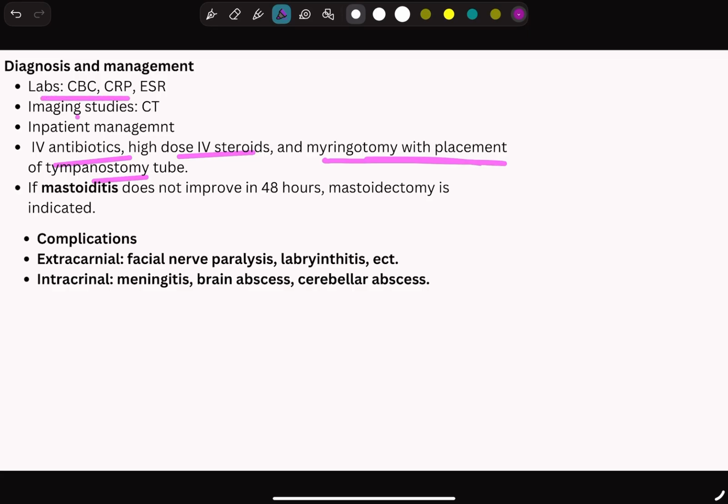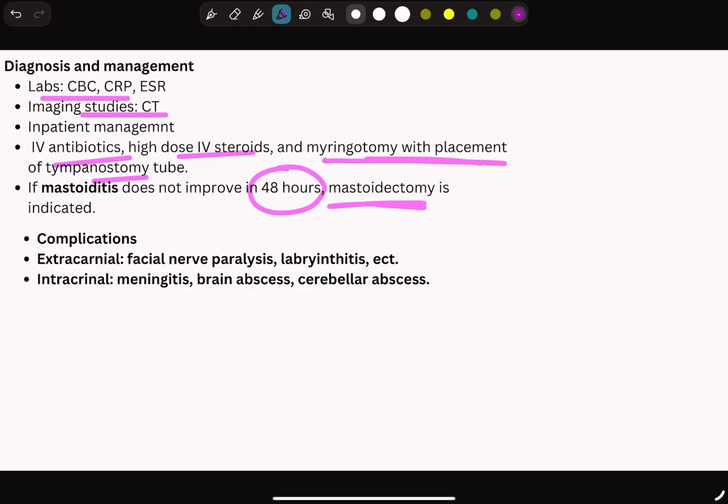And we do labs also, and a CT scan, very important. Then we will monitor within 48 hours with all of the medical management. If there are still symptoms, we actually need to do a mastoidectomy, where we drill the bone and get the pus out.